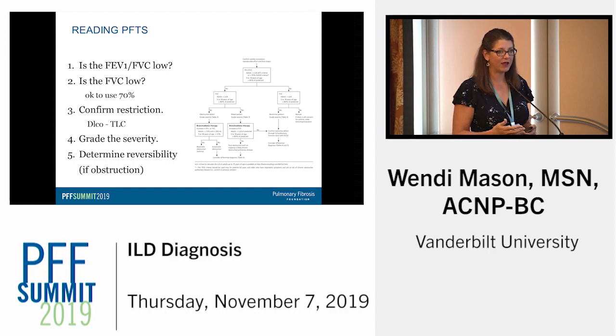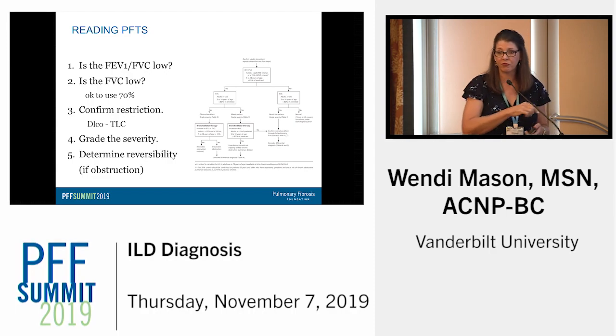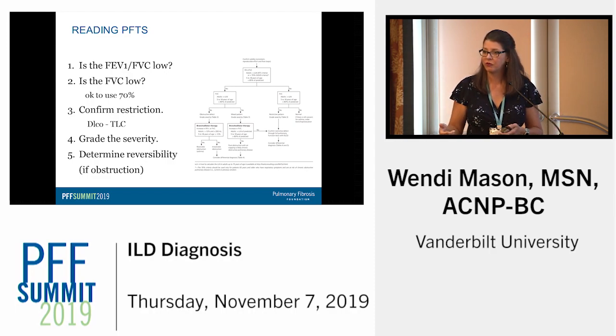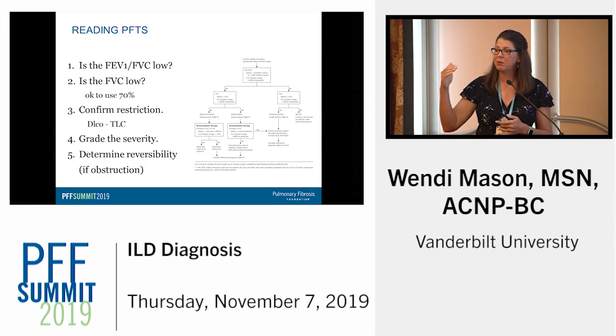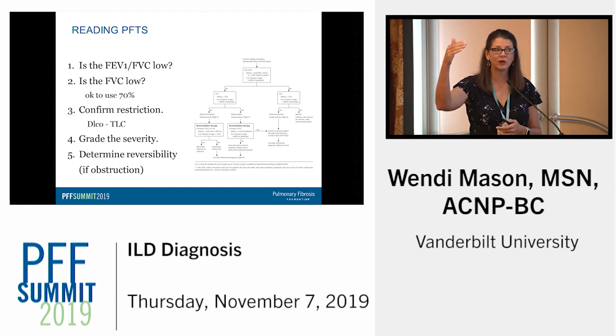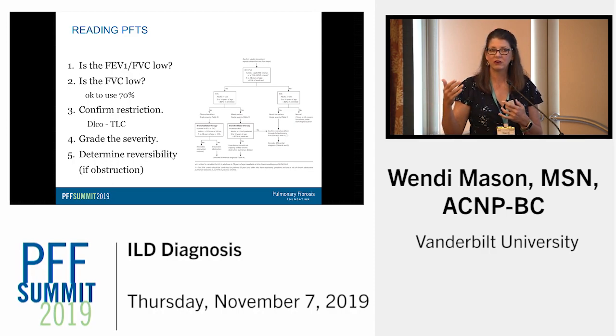You want to verify that. You can send patients for a full study or just capture a diffusing capacity. The total lung capacity is the TLC. That should mimic your FVC. So again, if it's below 80, that's your confirmatory restrictive pulmonary function test.